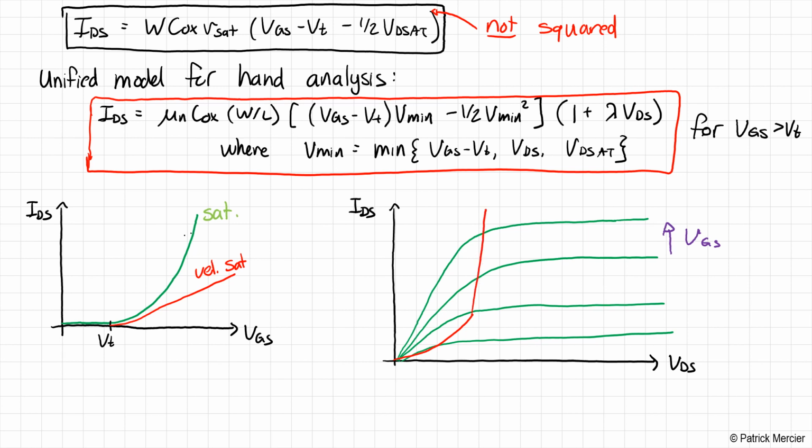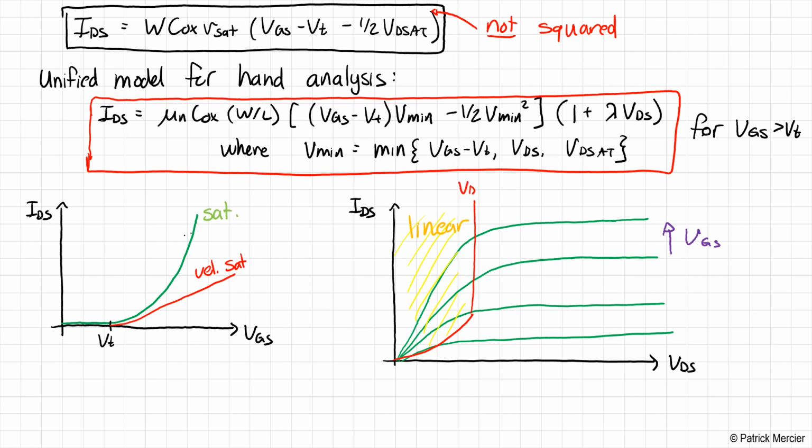On this side, let me draw this in yellow here. Actually, that doesn't look super good, but anyways, we say that this is the linear regime. Okay, this is this line here, and I'm sorry, that red line should have been a straight line going up.